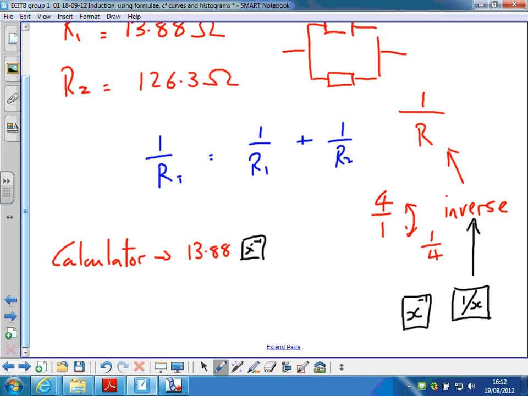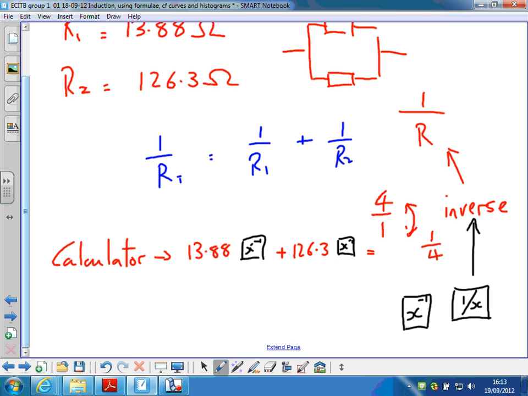You'll see 13.88 to the minus 1 come up on the screen, plus the next one, which was 126.3, and then again you hit the x to the minus 1 button. Now you're adding the inverse of 13.88 to the inverse of 126.3, which is the right-hand side of this formula. So you hit equals, and you get an answer.